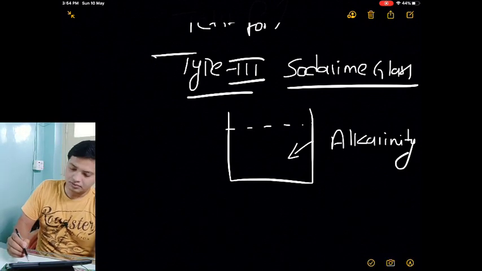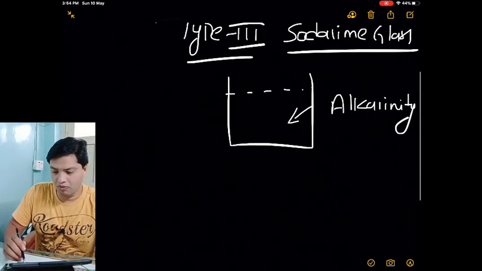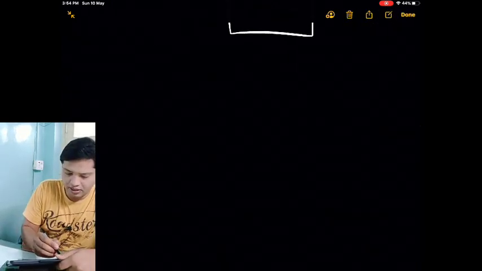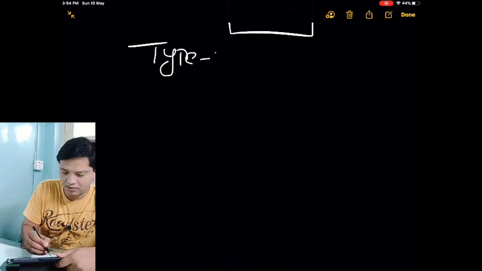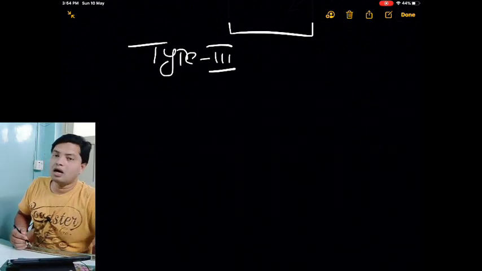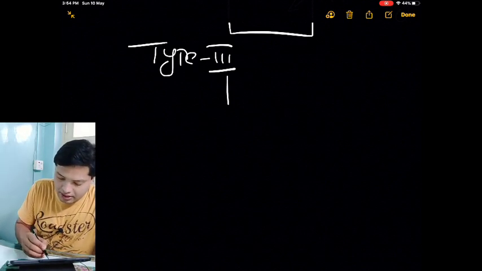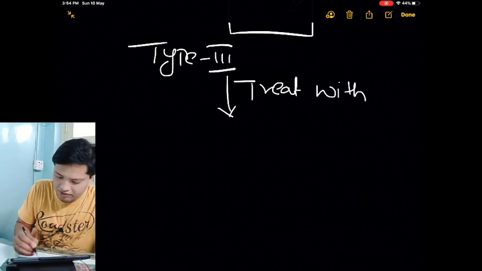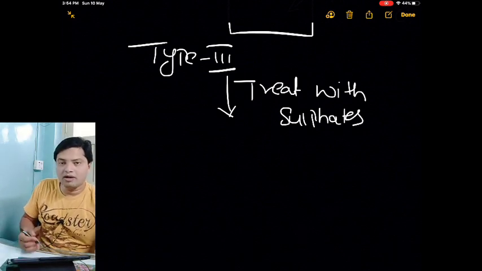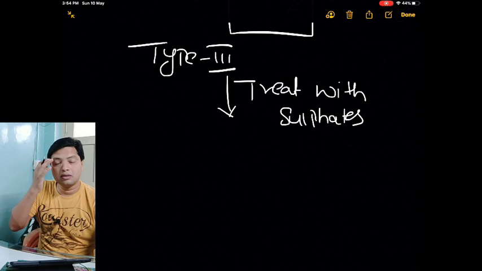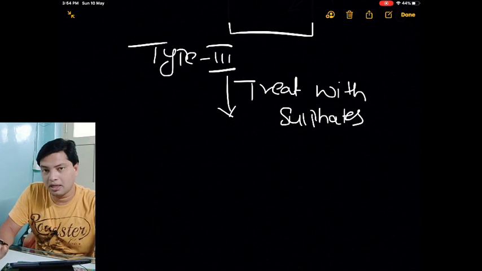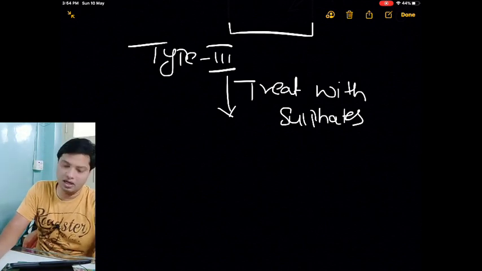Now to avoid this problem, what we'll do is take type 3 glass, which is soda lime glass, and treat it with sulfates. What this sulfate will do is mask the alkaline substance present on the surface of the type 3 glass.